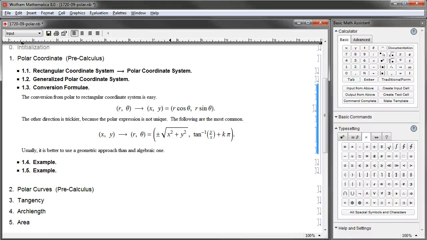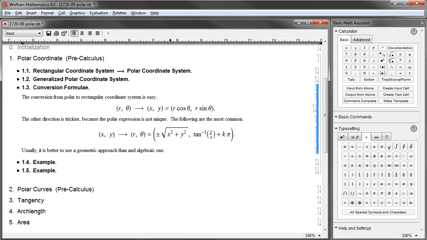That's the general case, and that's where everything starts. And if we throw away the restriction that r is positive and theta is between 0 and 2 pi, we can take anything, then we can get points on the rectangular coordinate plane in multiple ways.